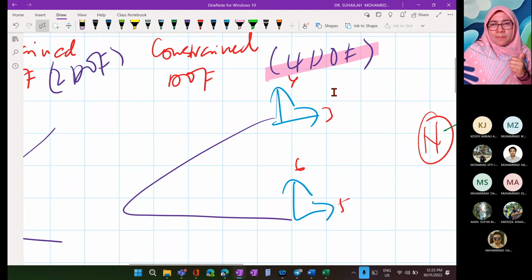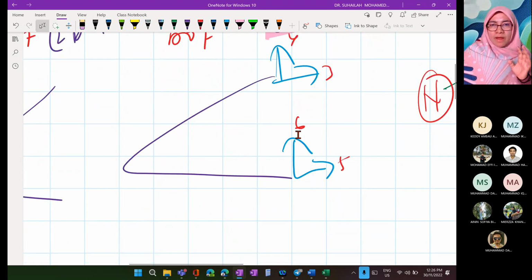What is the numbering that you can see in this diagram right now? 3, 4, 5, 6 means the location of the unknown reactions.